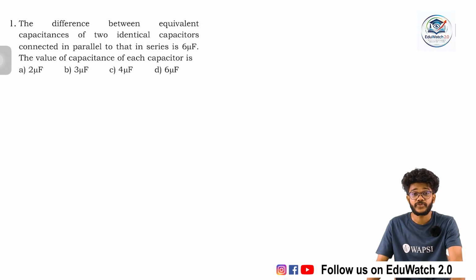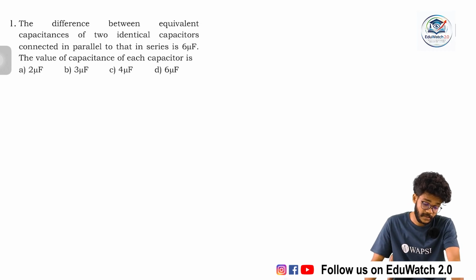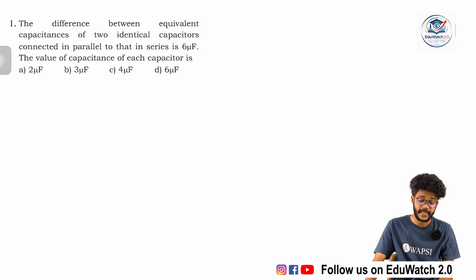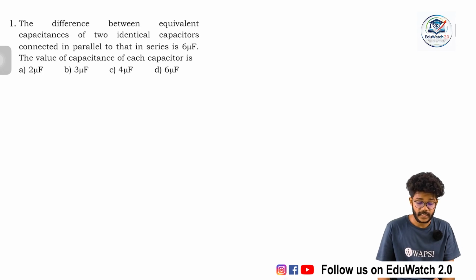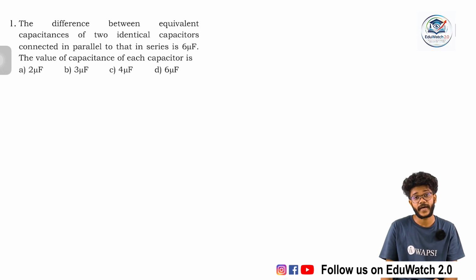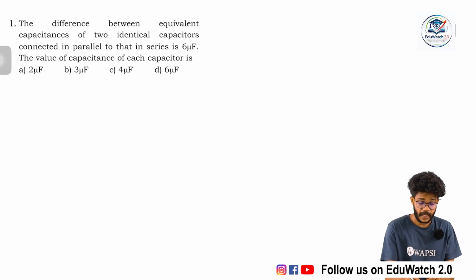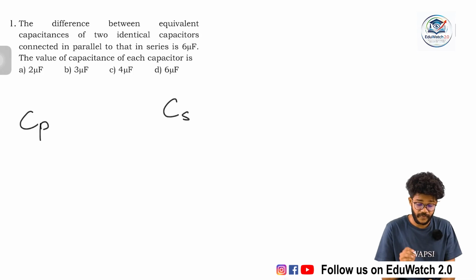Okay. The first question is the difference between the equivalent capacitance of two identical capacitors connected in parallel to that in series, which is 6 microfarad. So the capacitance connected in parallel and the capacitance connected in series.